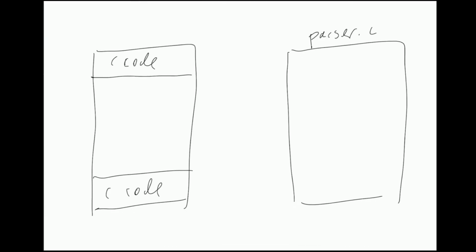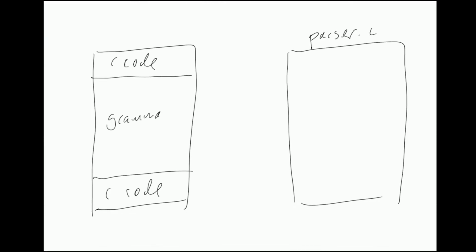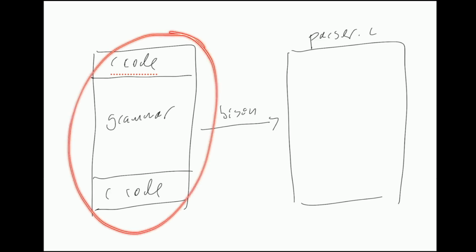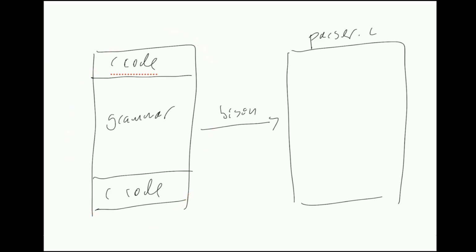But instead of writing C, you can specify, using this formal syntax, the grammar of your language, and then Bison will use that specification to generate C code for you. So I've given you a template of this file with the grammar specification of our language, and then your task for this project will be to fill in the code part of this grammar in order to actually build the syntax tree.